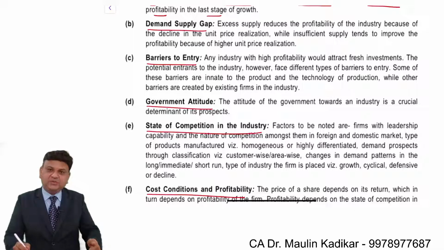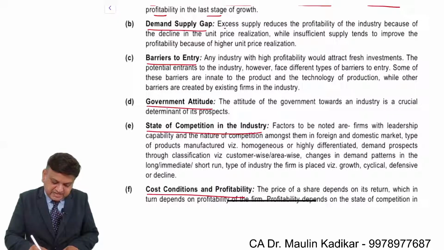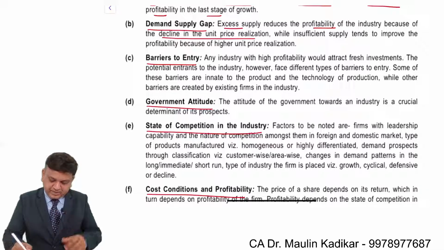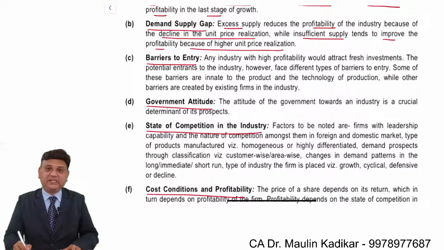If the supply is more, they have to quote less price. Excess supply reduces the profitability of the industry because of the decline in unit price realization, while insufficient supply tends to improve profitability because of the higher unit price realization.